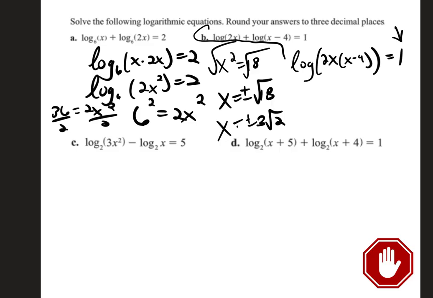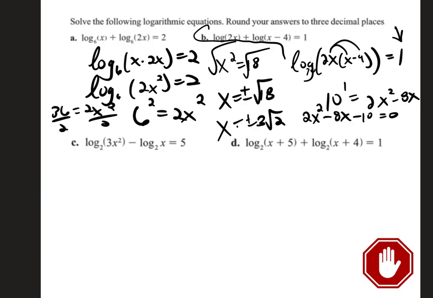But let's just keep going through this and see how we do. 10, right here. 10 raised to the power of 1 equals 2x squared minus 8x. I just distributed. And this is so fun. We have a situation where we actually are going to end up with a quadratic. If I subtract 10 from both sides, I have this equal to 0.